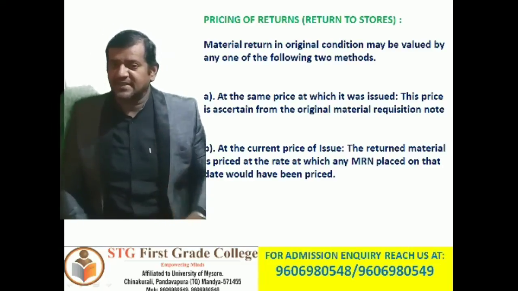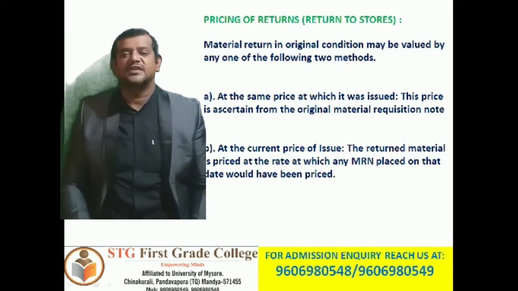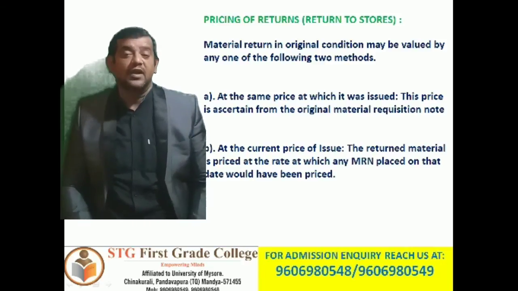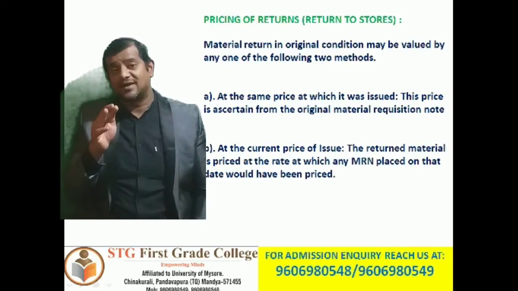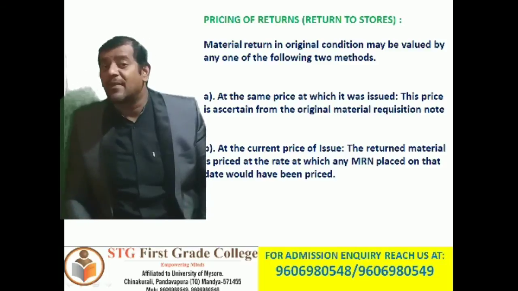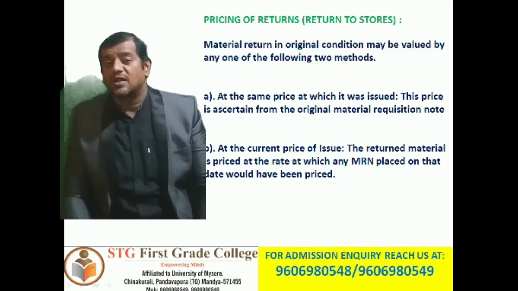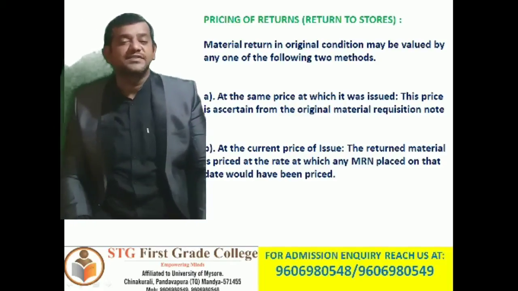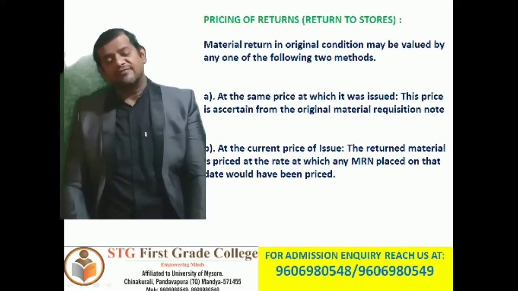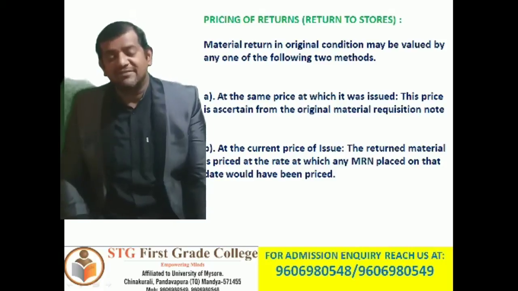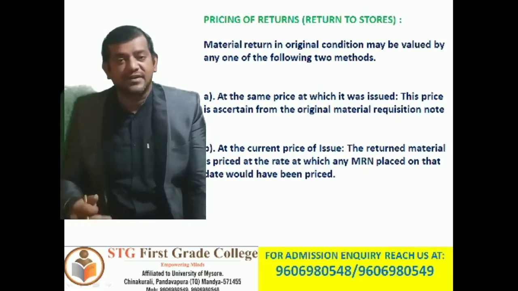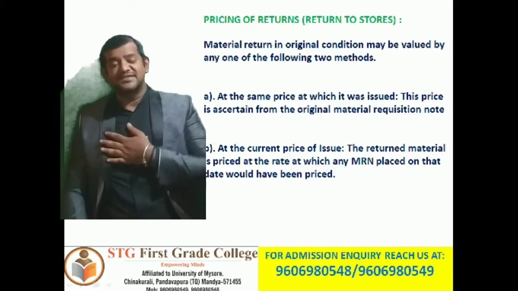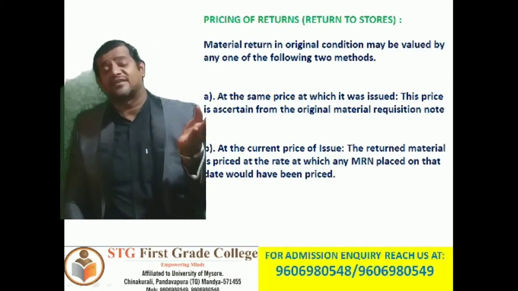This price is ascertained from the original material requisition note. We always read MRN under the issue column. MRN stands for material requisition note. If that note number is given along with the returns, it is very easy for us to trace that return.